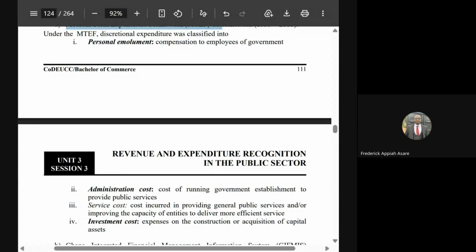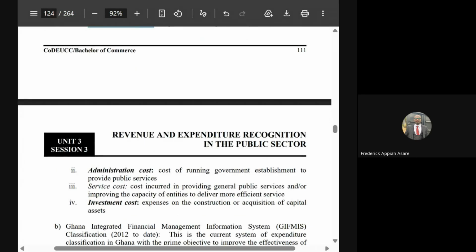They had the personal emolument, which was the salaries that they pay to government employees.